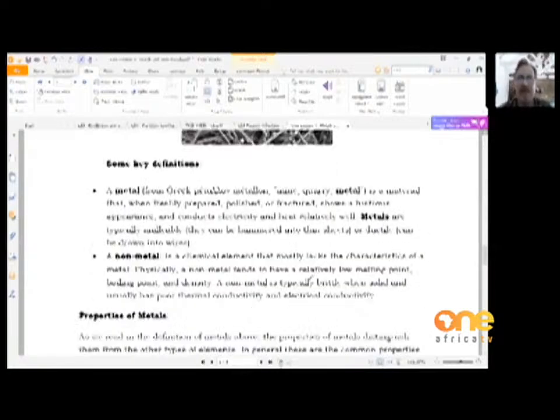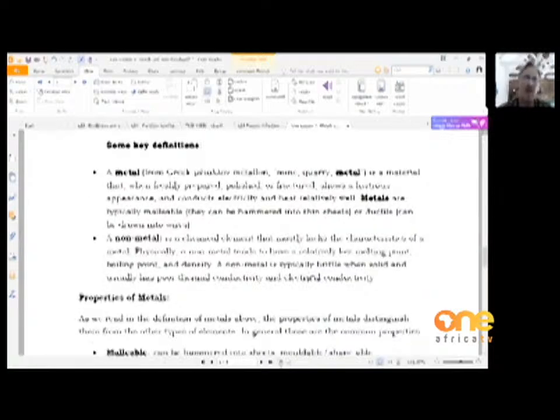Let's move on to some key definitions. The term metal comes from the Greek word metallon. I'm not sure if any of you guys know how to read Greek. Unfortunately, I cannot. But that's how we would say metal in Greek.